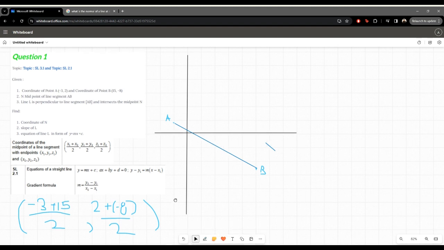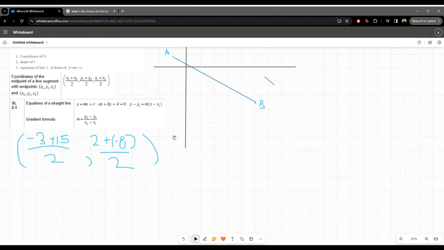So we then continue to do our maths on this, and we find that our x coordinate then becomes 12 over 2, and our y coordinate becomes 6 over 2.